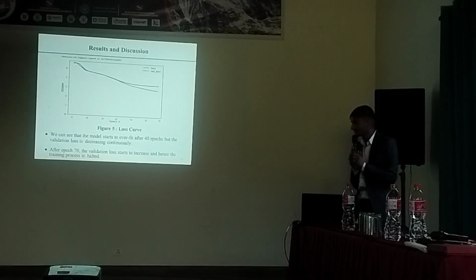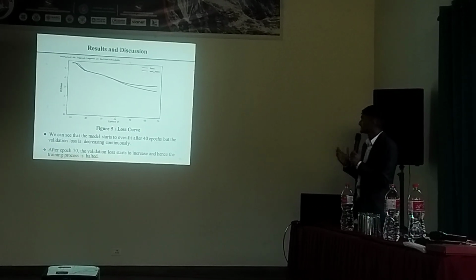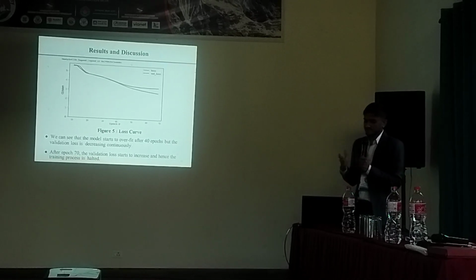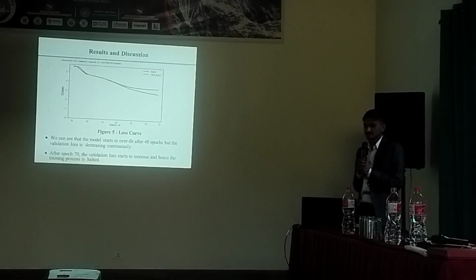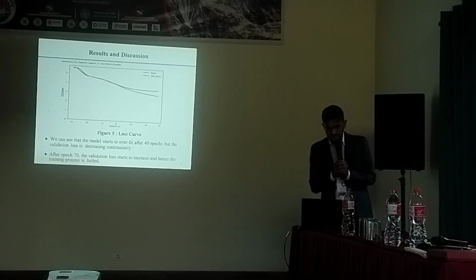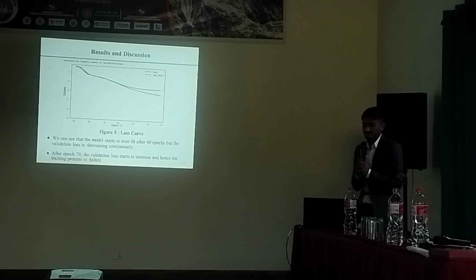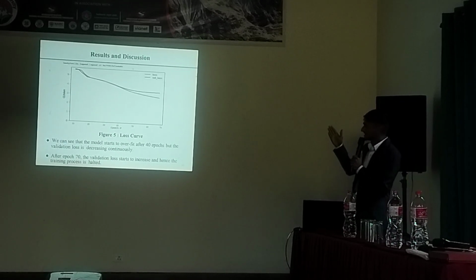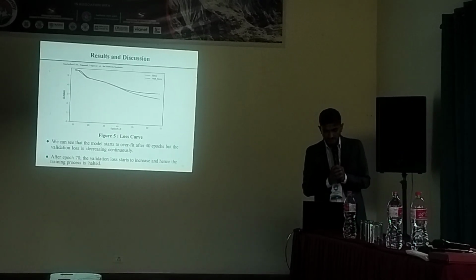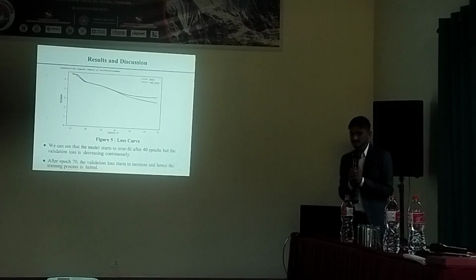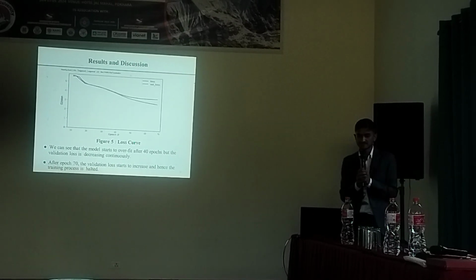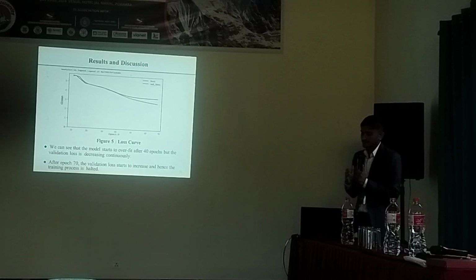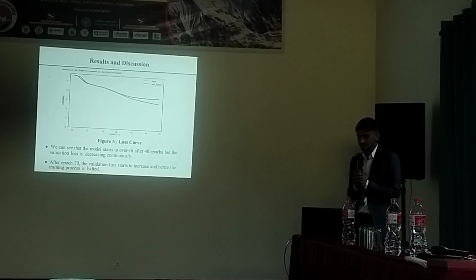So now we are moving to our results and discussion section. We have trained our models for different epochs by saving checkpoints. This is the graph of the loss curves, the validation loss and the training loss. After epoch 40, the model started to overfit on the training dataset, and we kept checkpoints at 50, 60, and 70 epochs.